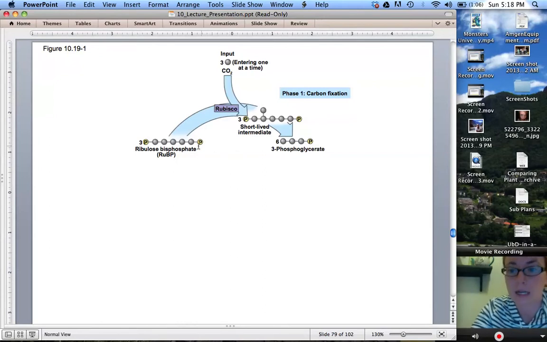So what it comes from is ribulose bisphosphate. But Rubisco is the enzyme that attaches carbon dioxide to RuBP during carbon fixation.